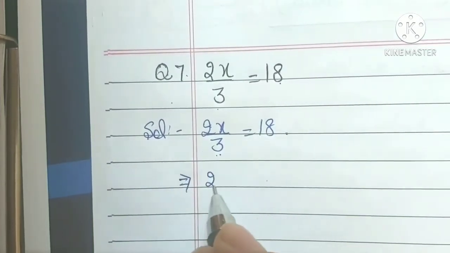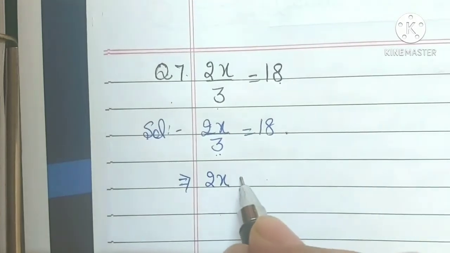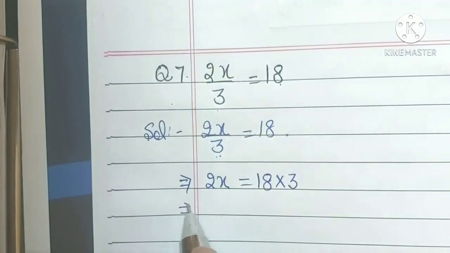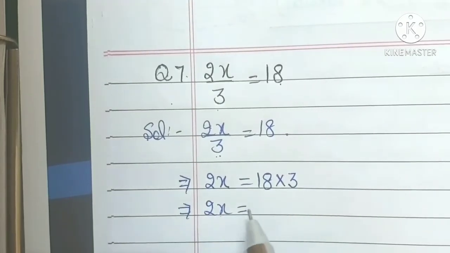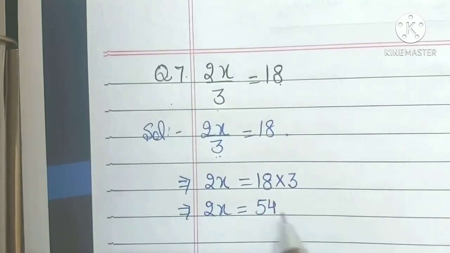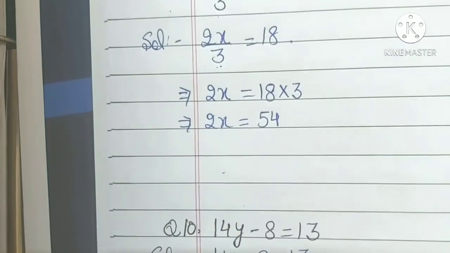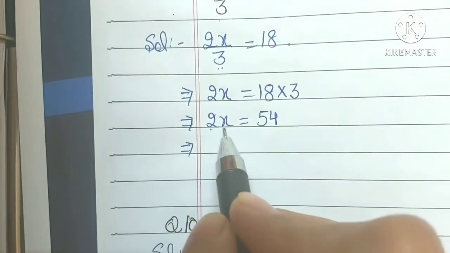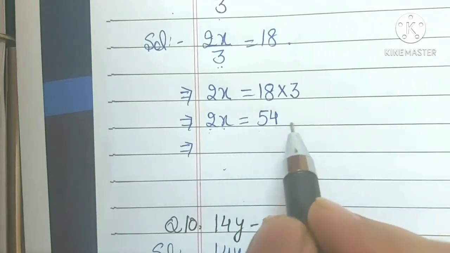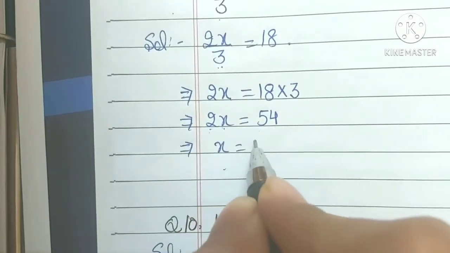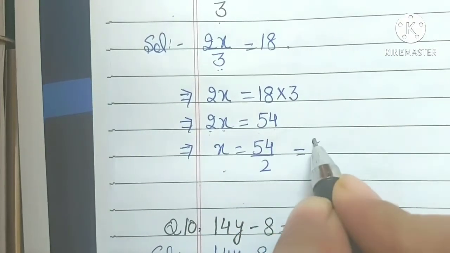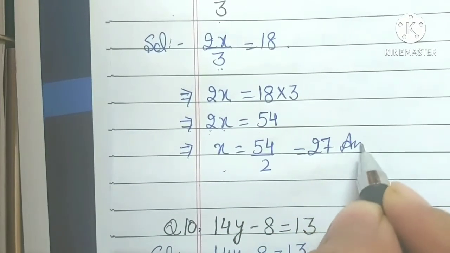So the equation will become 2x equals 18 into 3, that is 2x equals 54. Now we will transpose this 2, it is multiplied with x. So when we shift it to the right hand side, it will be 54 divided by 2, that is 27.